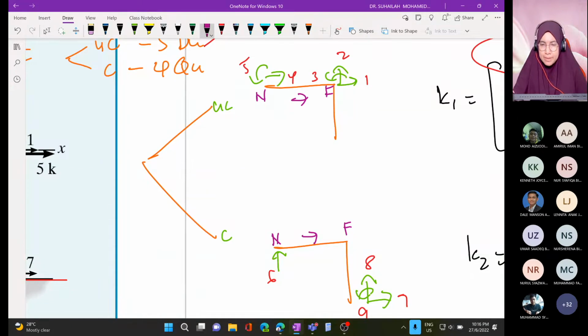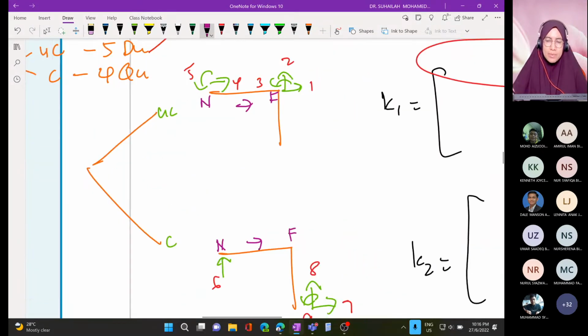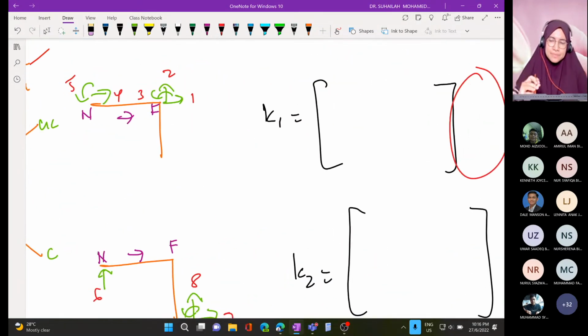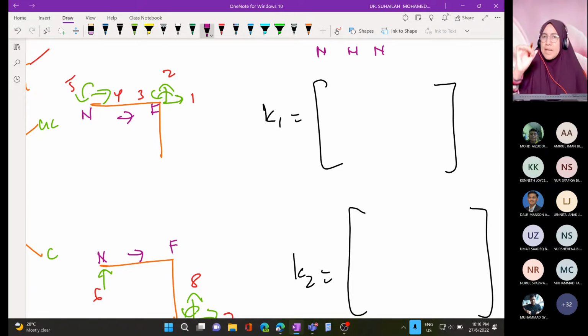Element number 1, we label as, apa nak label atas ni? 5, 4. Kat sini kena label near. Ada 3 near, ada 3 far.